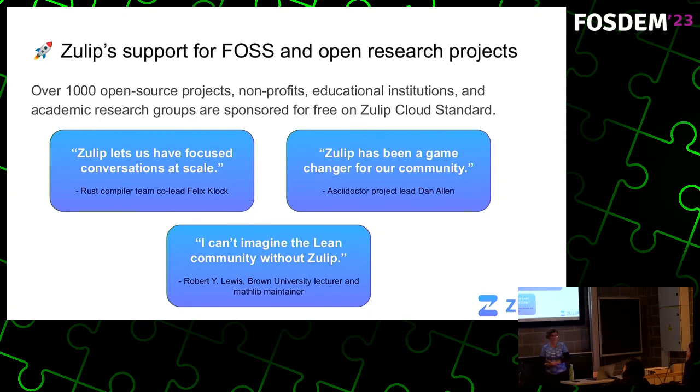So as I mentioned, Zulip is 100% open source, free. You can start your own server. And we also have our Zulip Cloud, which has a free level of support, similar to Slack before they made their change this summer, which is limited. You have a certain history of messages. For nonprofits, open source projects, and academic research, we actually offer sponsorship on our Zulip Cloud Standard, which is normally a paid platform.